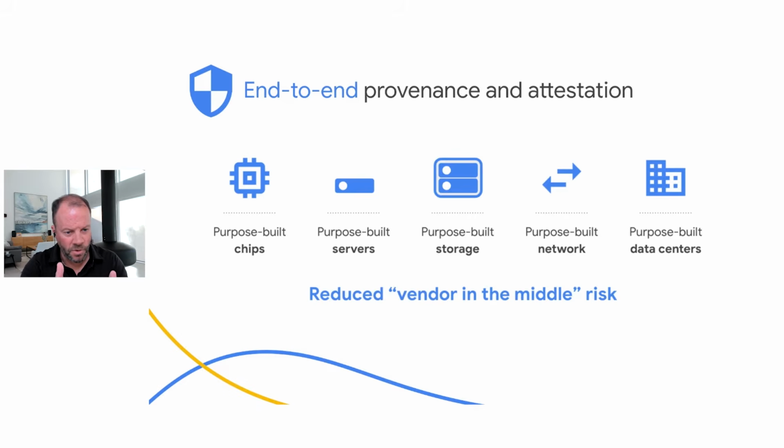This, because we are controlling every step of the operation from chip to chiller, from hardware to network, this greatly reduces the vendor in the middle risk common in other platforms, where they're using off-the-shelf hardware, networking components, et cetera, that these breaches are common in the industry today. These are the very large investments that Google is making to help keep data as secure as possible.